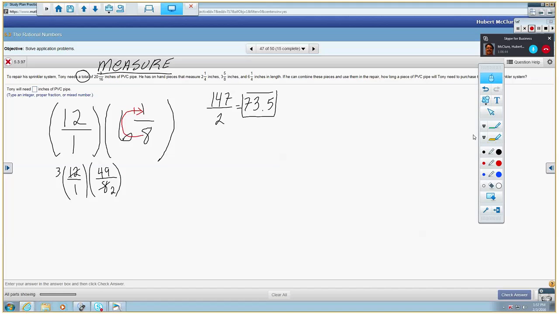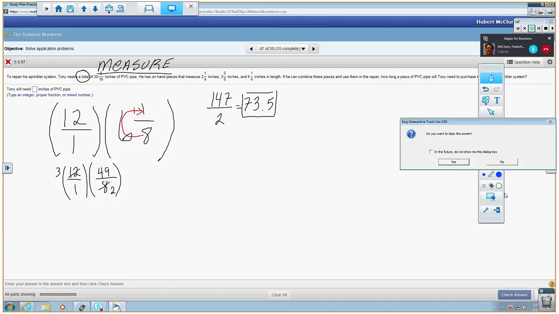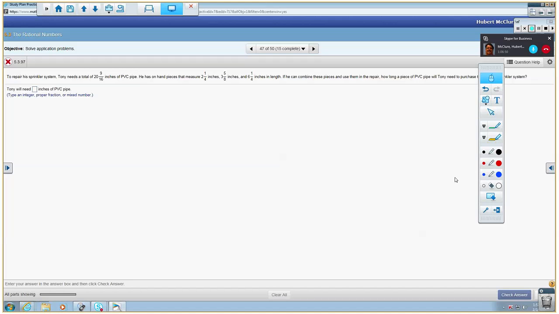All right, try that one. It says, to repair his sprinkler system, Tony needs blah, blah, blah inches of pipe. He has on hand these 3 pieces. How much more does he need? Well, these 3 right here, you're going to add them together and subtract it from this, and that's the piece you're going to need.